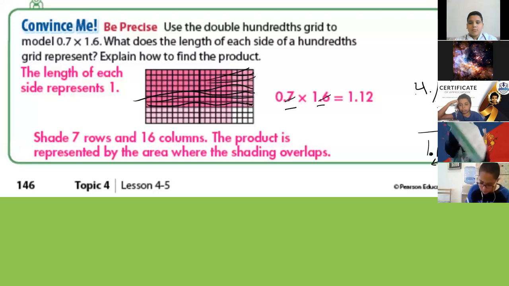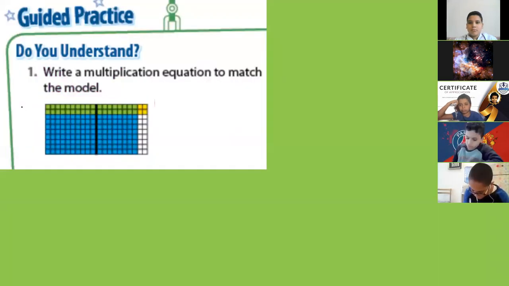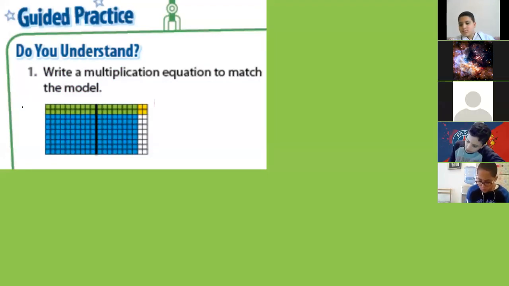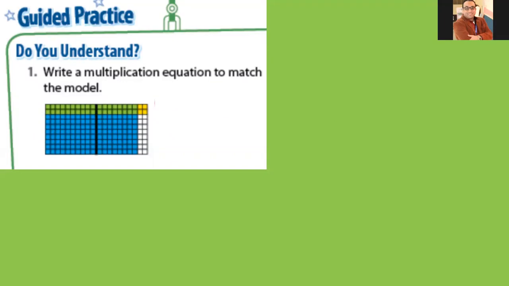Yes, Mister. The question in page 147, guided practice. Question number 1. Write a multiplication equation to match the model.